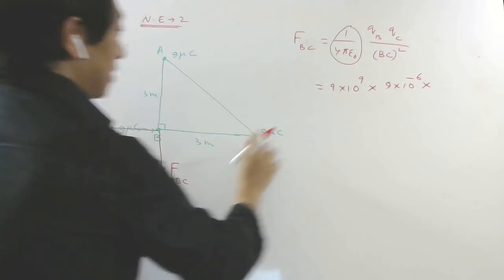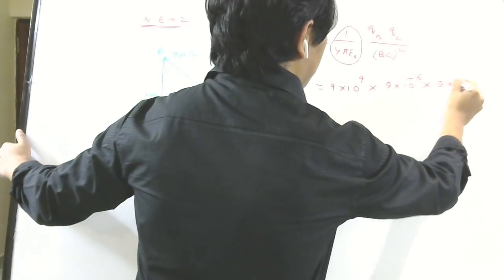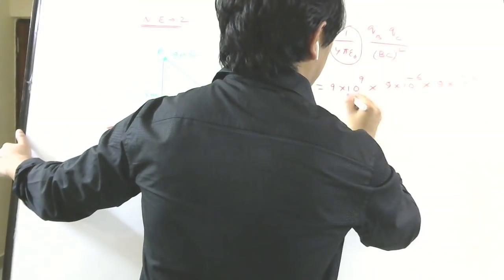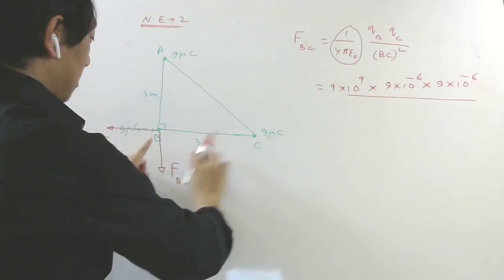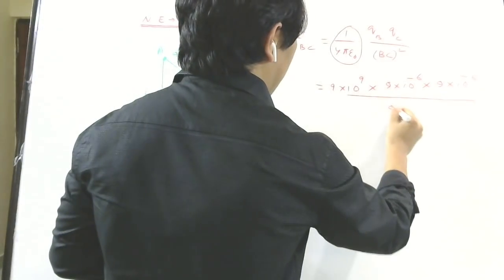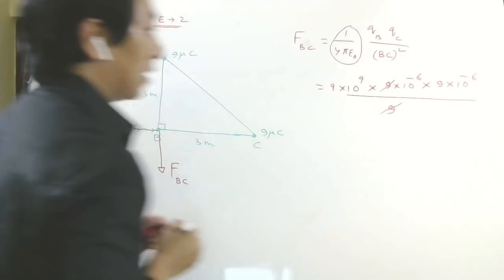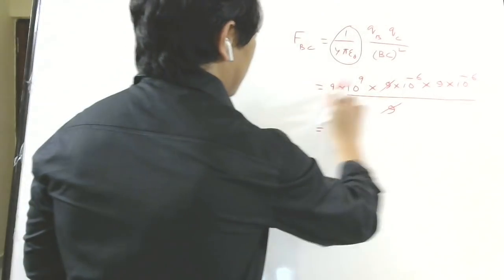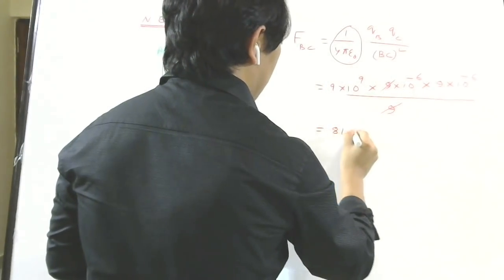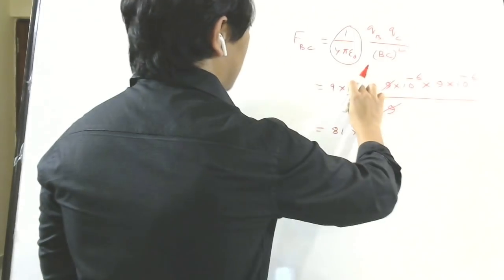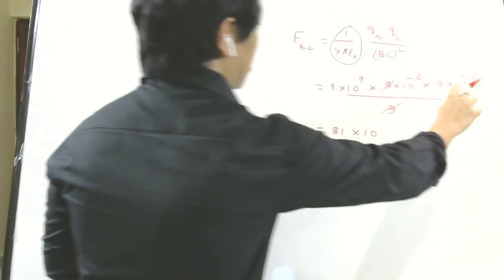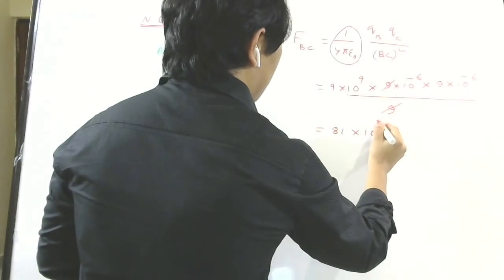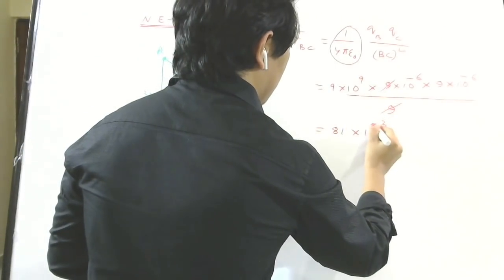Charge at C is also 9 microcoulomb, divided by BC. Now BC is 3 meter. If you square it, it will be 9. So this 9 and 1 9 can cancel. So 9 into 9 is 81 into 10 to the power minus 6 minus 12 plus 9, which will be minus 3 Newton.